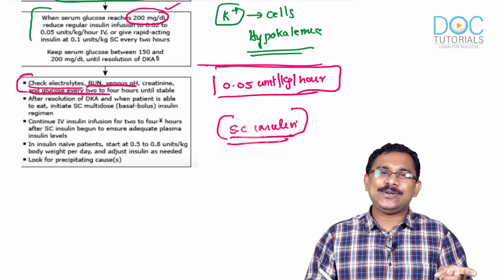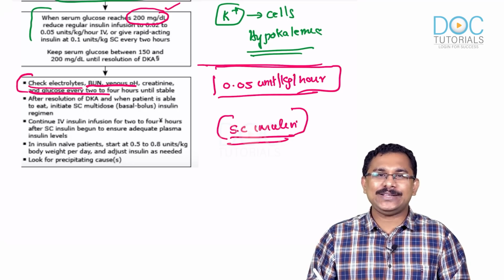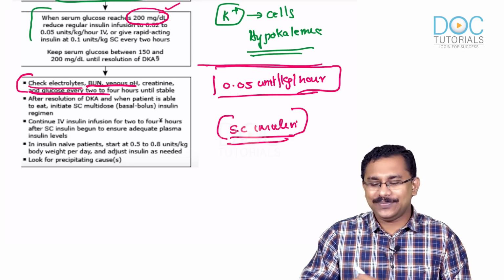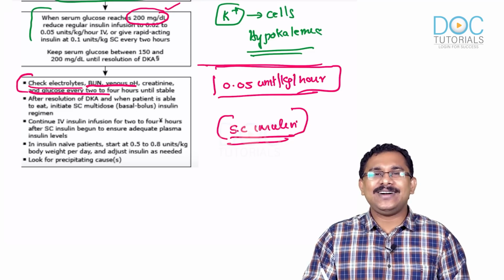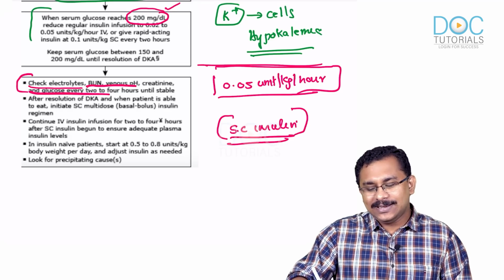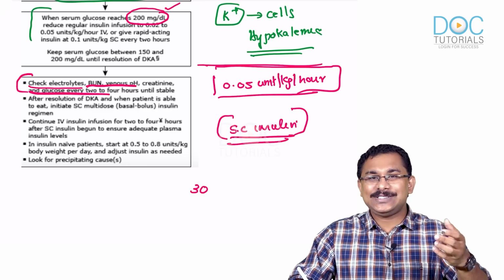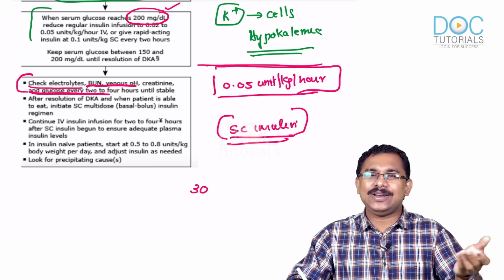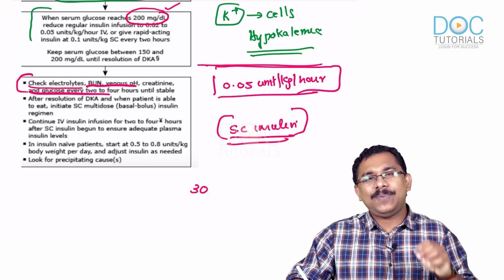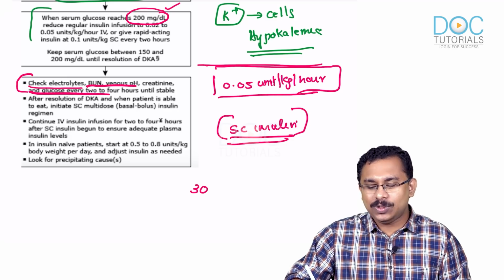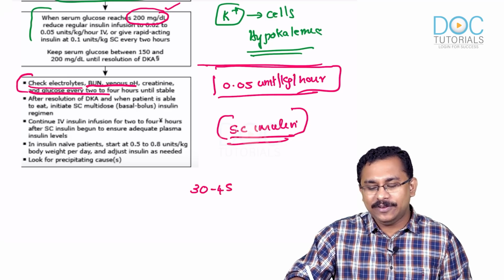So he'll stop the insulin infusion and then abruptly start the subcutaneous form. What is the problem? You have already learned in pharmacology, as well as in the module where I discussed insulin, that for a plain insulin to start action, it takes around 30 to 45 minutes.